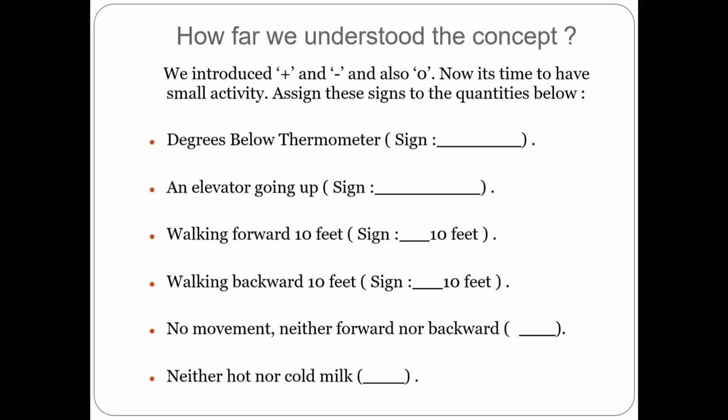No movement, neither forward nor backward. What sign can be used? You can write 0. Neither hot nor cold milk. What can you write? That is also 0. Like this, you can use the sign, and this concept is very useful to indicate the positive and negative sign.